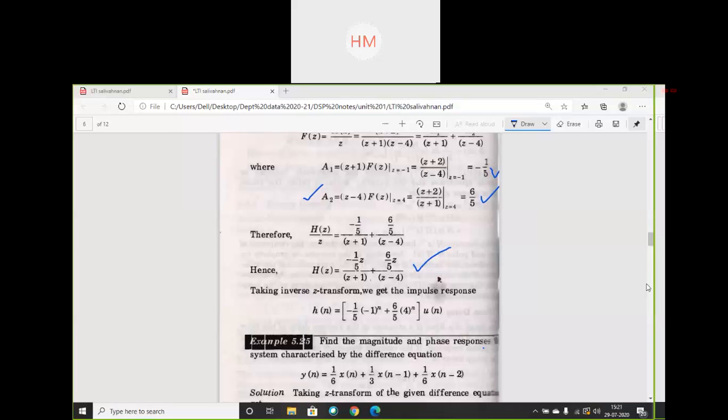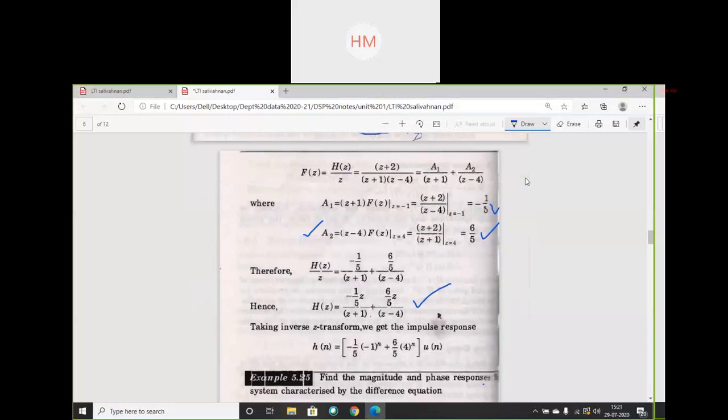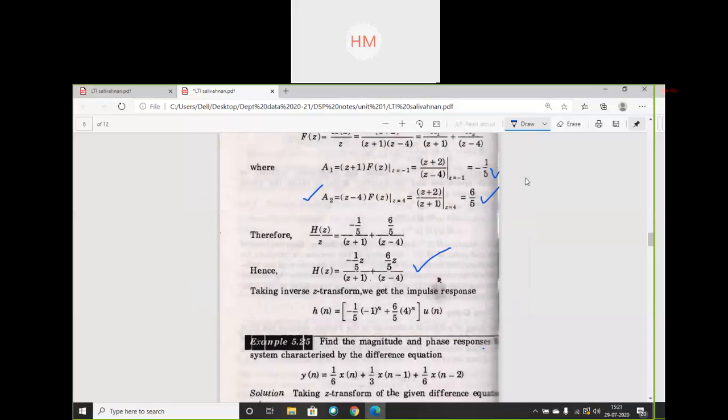Yes, Aditi, is there any difference? Other students also, you can write in the chat box. Which one is recursive? The first problem or the second one? This equation or the current numerical which we are simplifying?